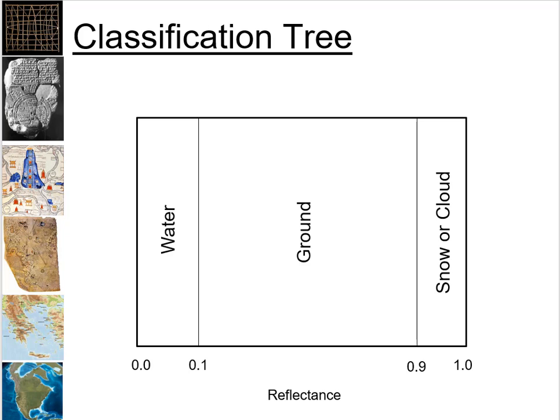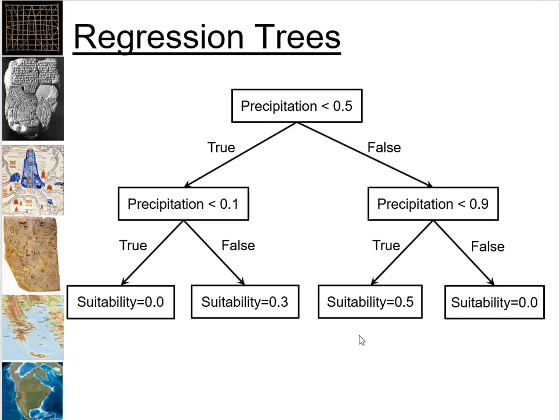When we look at this as a response, which we don't usually do, it looks kind of strange, right? Here's our independent variable, our covariate, and as it changes, we have these different categories. So it doesn't really fit with doing response curves for classification trees, and you don't need to do them. Regression trees, on the other hand, here we have precipitation, different levels of precipitation, giving us different levels of suitability.